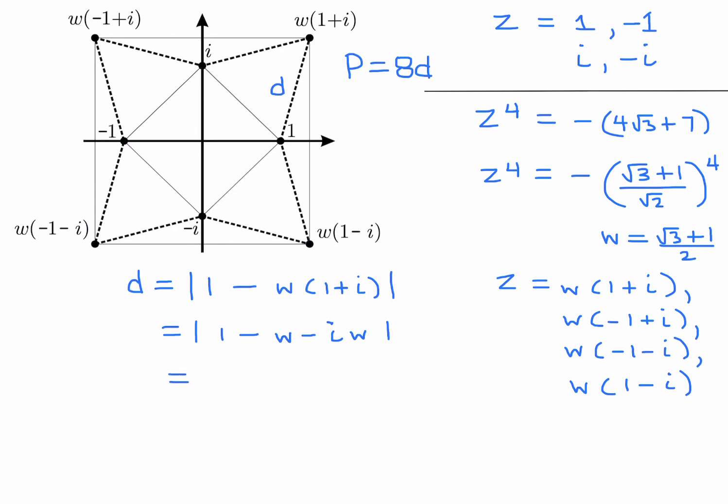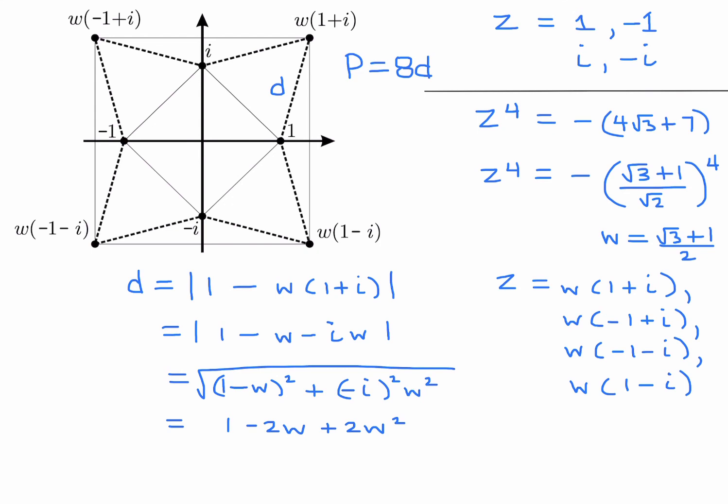And that, of course, is 1 minus w squared plus negative i squared w squared, all under the square root sign. And expanding this, I get 1 minus 2w plus w squared, so plus 2w squared, all under the square root sign.